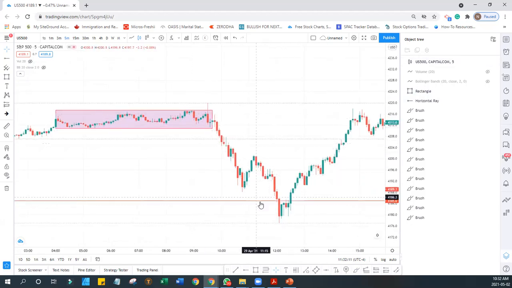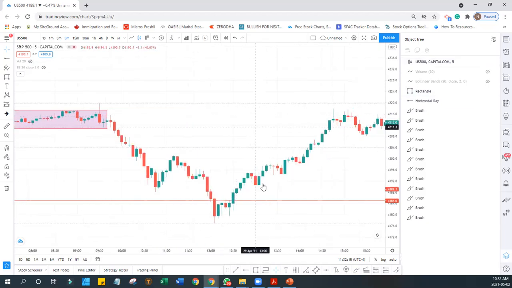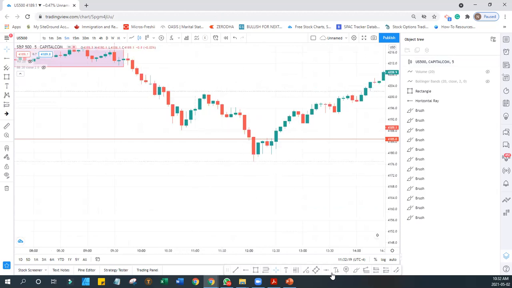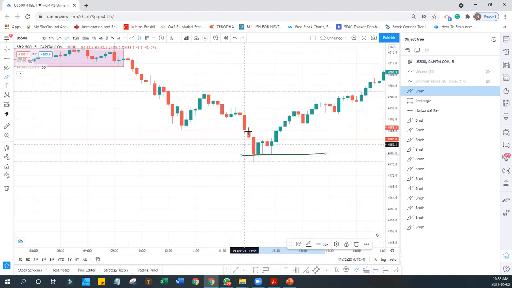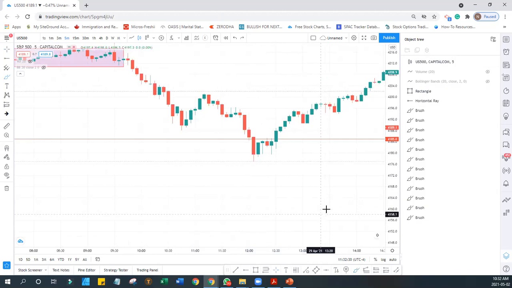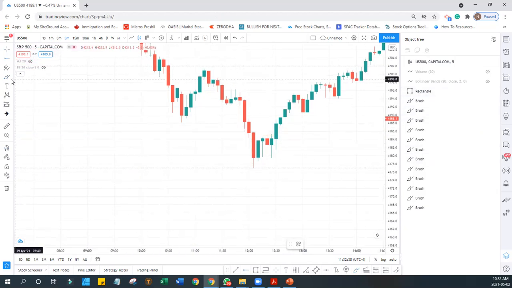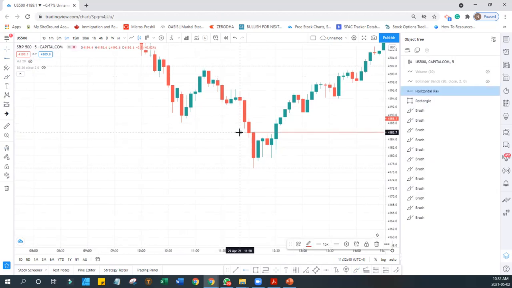And now after that, what happened? The market came down. Now, if you see, you found a wick here, right? So the market tried to come, but it found the support here. Now, if you remember the piercing candle I told you about. If you see here, this is the body. I'm going to remove this horizontal ray, so this is the body of the red candle.